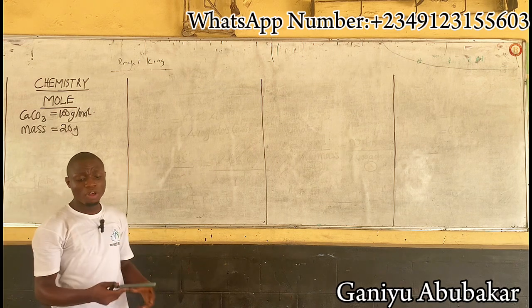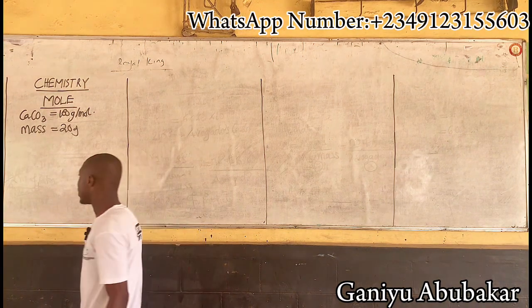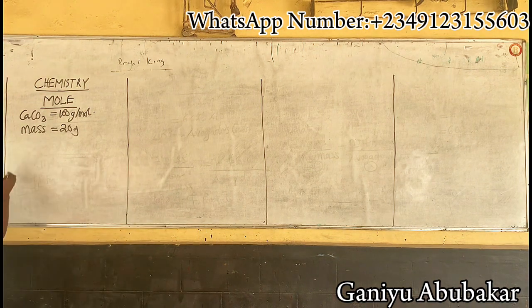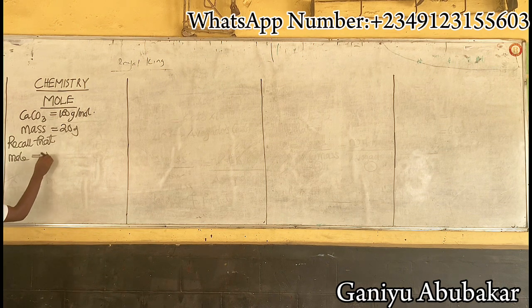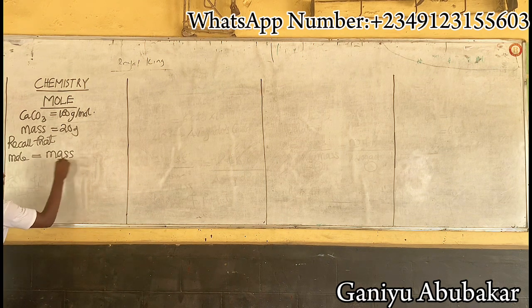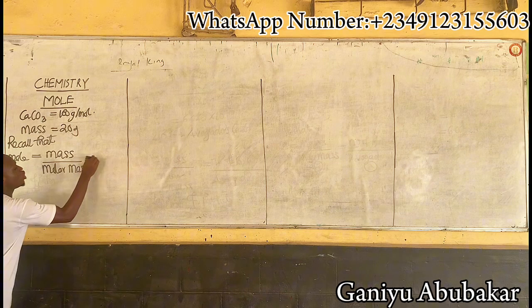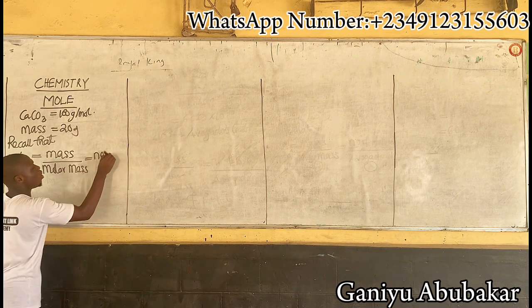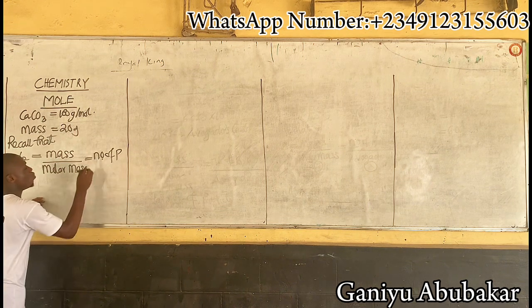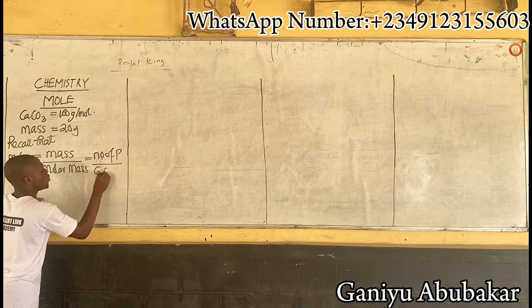So in this case, I'll recall my general formula for the mole concept. Recall that mole is equal to mass all over molar mass, which is equal to number of particles all over Avogadro's constant.